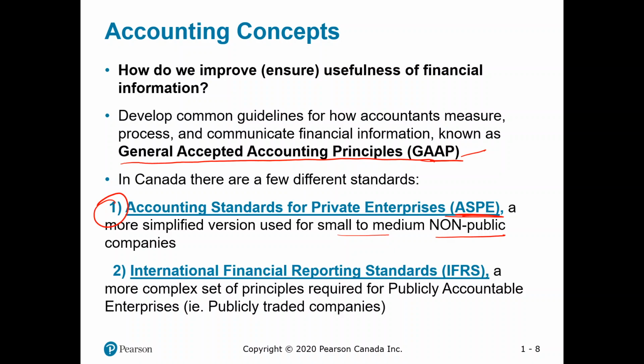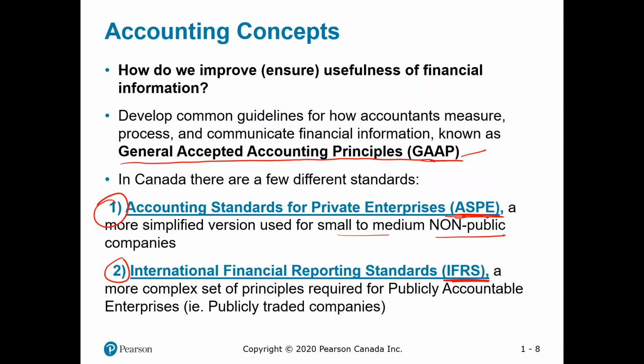The second set of standards are the International Financial Reporting Standards, or IFRS. And as you can already see from this slide, accountants use a lot of acronyms. We'll go through what they really mean, but if two accountants were talking to each other, you would hear them say ASPE or IFRS, not the full words.